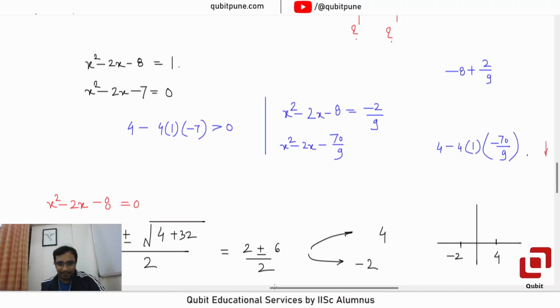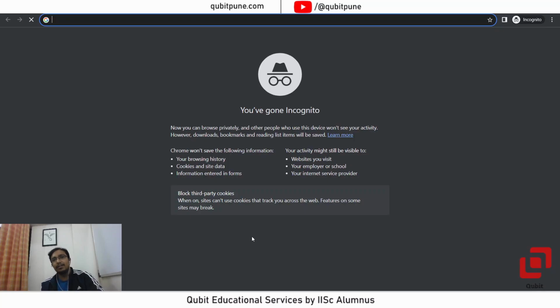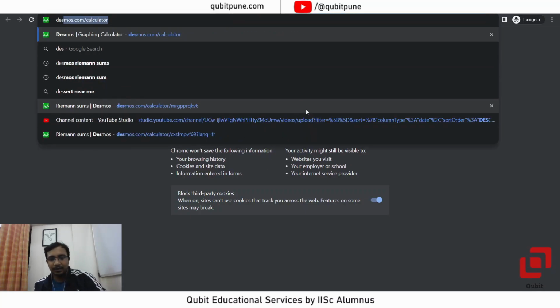Okay, let's just see the graph and conclude from that. So our query is we are still not able to resolve whether the interval is closed or open, right?